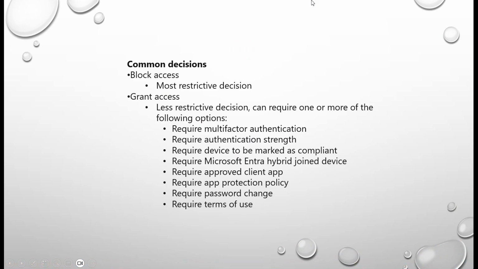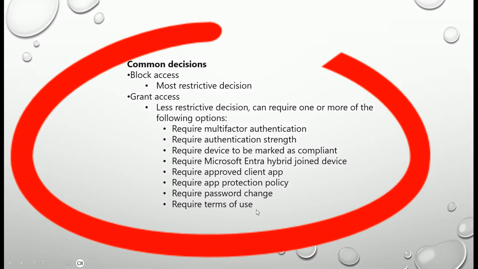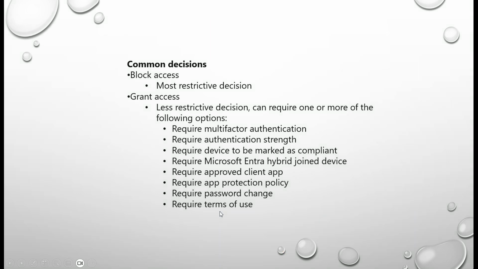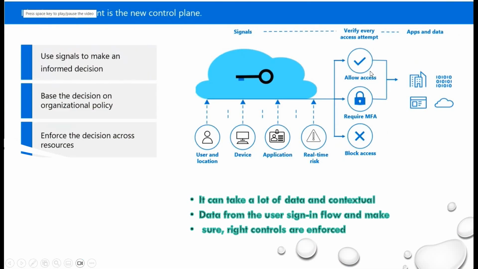What are the conditions? Require multi-factor authentication, require the device to be marked as compliant, require a hybrid joined device, require an approved client app, require terms of use to be agreed, and require a password change. All this is required if you want access.